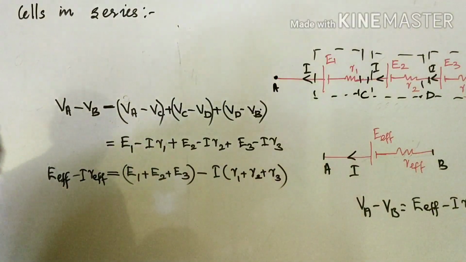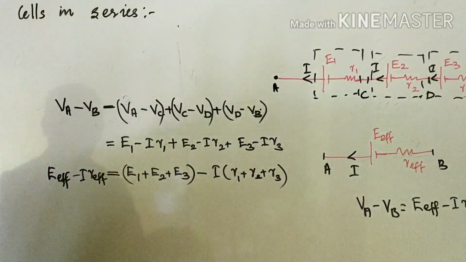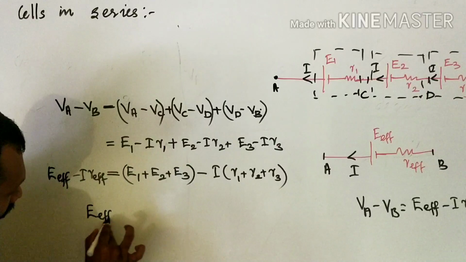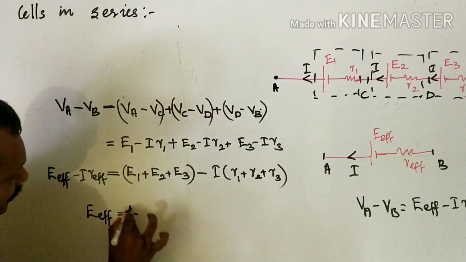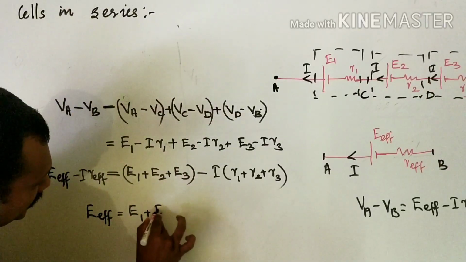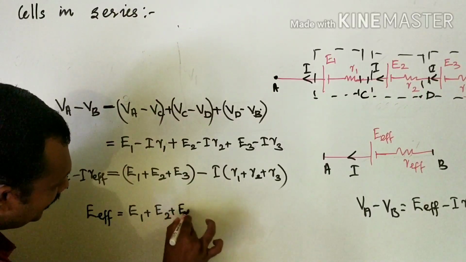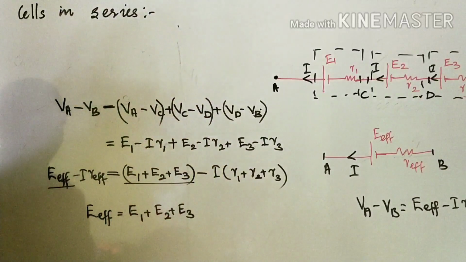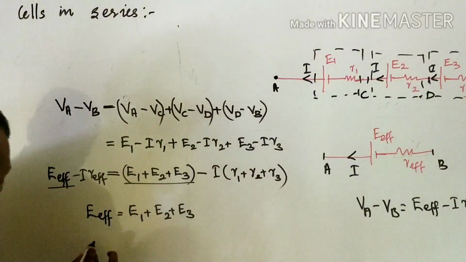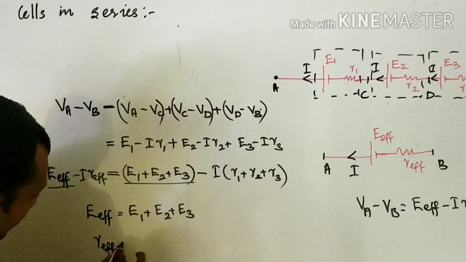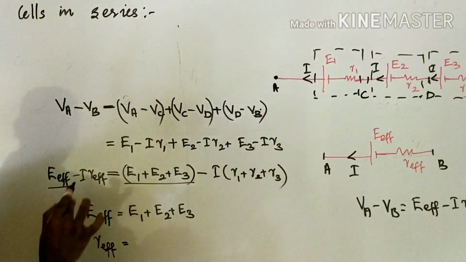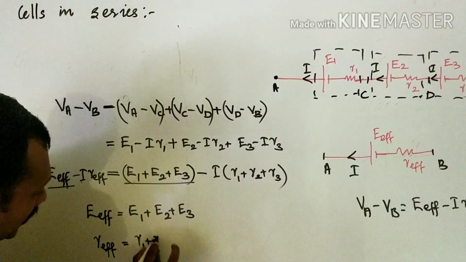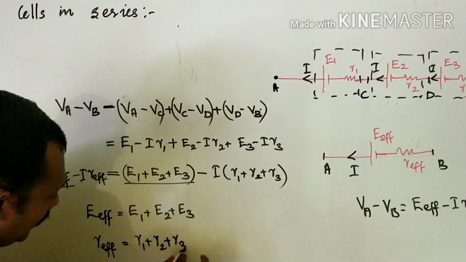So E effective minus I into R effective is equal to this side. Now comparing the coefficients of various terms on both sides, you can see that E effective is equal to E1 plus E2 plus E3, that is these two terms. And R effective is equal to the coefficient of I there, that is equal to R1 plus R2 plus R3.